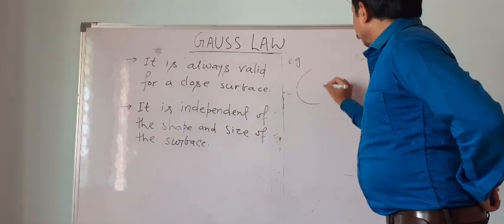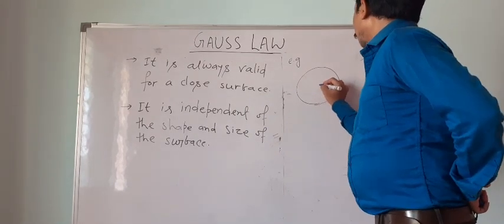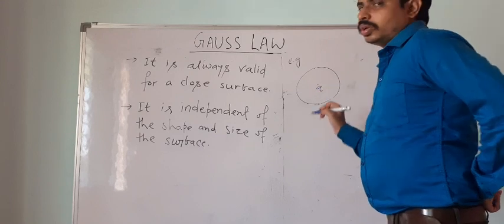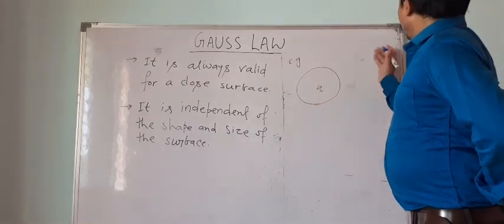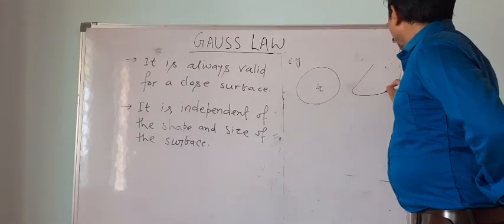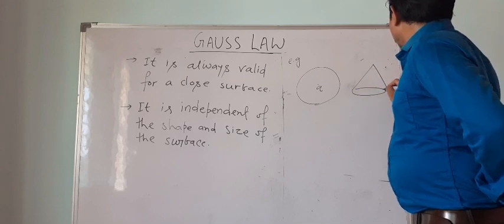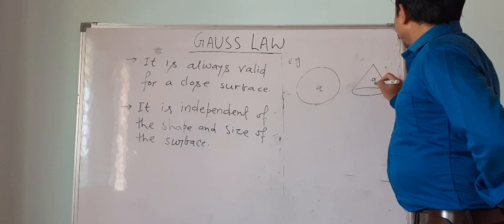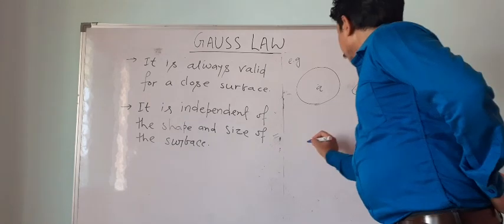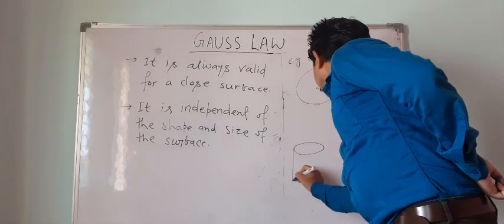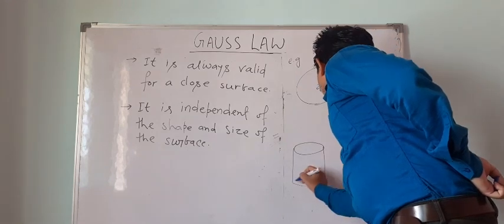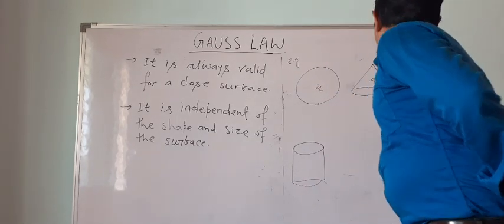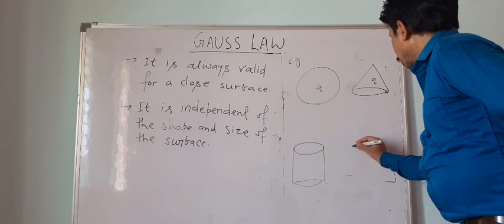suppose there is a spherical body and charge q inside it, another conical surface, a solid cone, and charge q inside it. One is a cylinder and one is, suppose, a cube.